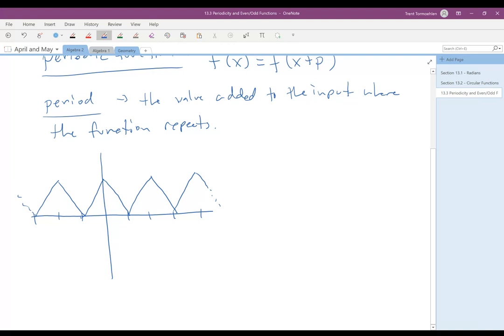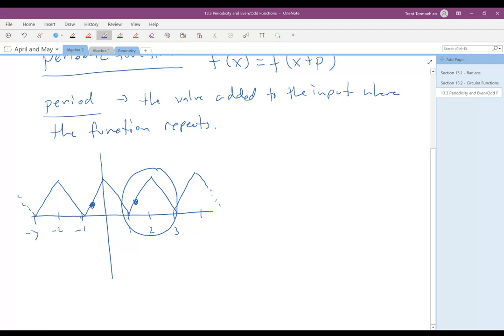And so this is the graph of your function as a periodic function. And so you can see that the period here, where does it repeat itself? Well, it repeats itself for every x equals 2. And so this value here is the same as this value here, the y value.